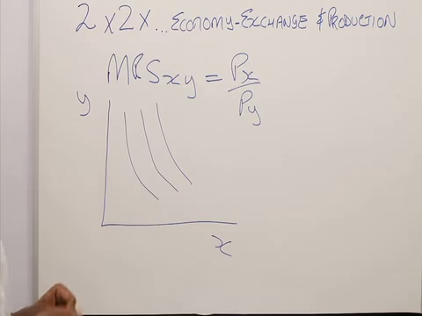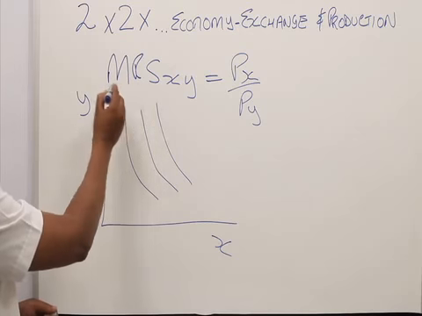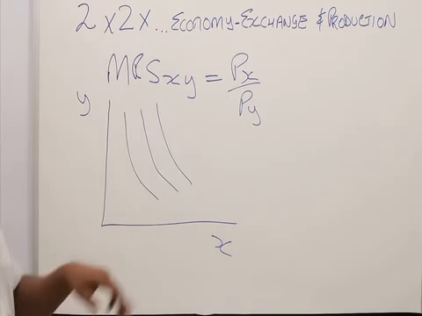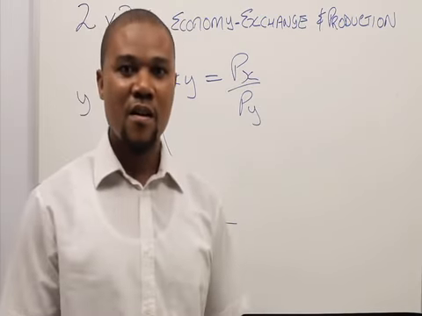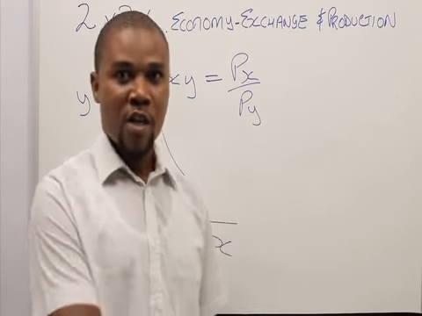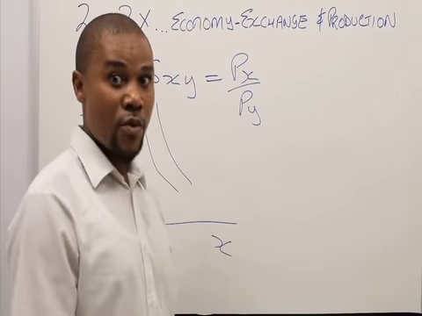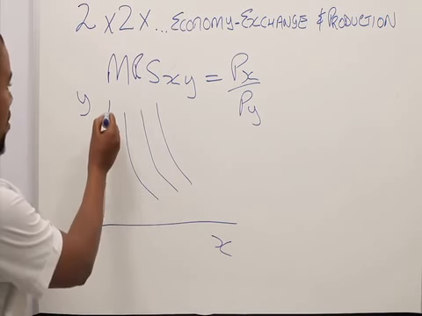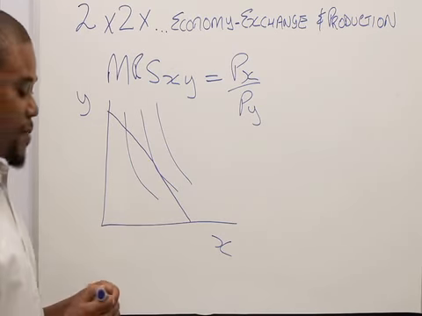So basically what this told us was that the slope of these indifference curves, which is represented by your marginal rate of substitution, should be equal to the slope of the budget line. Now the budget line just represents how big your pocket is as a consumer, how much you could afford. So the more outward the budget line is on your axes, the more money you have and the more goods you can afford. For instance, you could have your budget line running somewhere around there, okay?